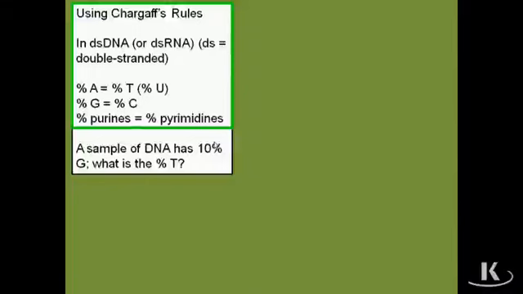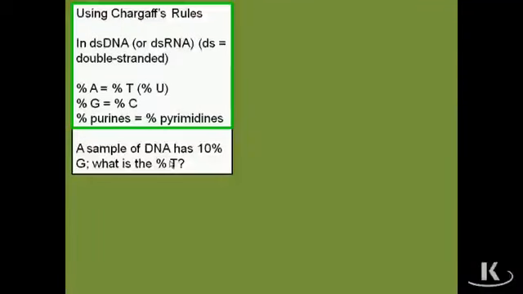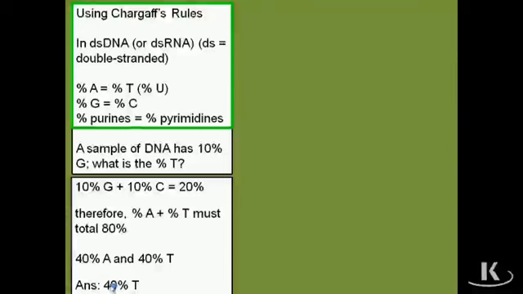So what's left over is 80%. We know that the percentage of A equals the percentage of T, so to figure out the percentage of T, all we have to do is divide that in half. So 80% divided by 2 would give you 40%. That should be the percentage of T, and absolutely that is.